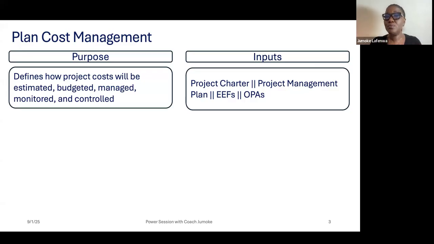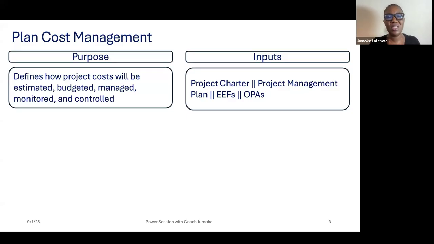So it's a good input into planning cost for the project, and then the entire project management plan. I tell my students that the project management plan is like the mother, and within the project management plan, you would have the other subsidiary plans, and the cost management plan is one of them.